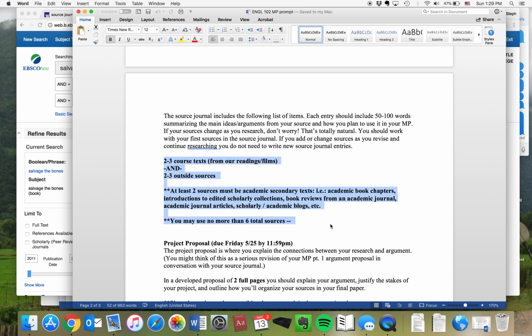Remember, we don't need to use all outside sources for this research sequence. You can use 2 to 3 of the course texts, and then I am asking you to use at least 2 outside sources, and 2 of those sources need to be academic secondary texts.